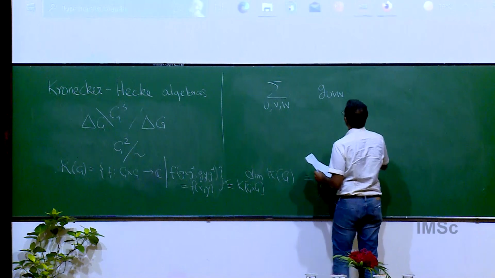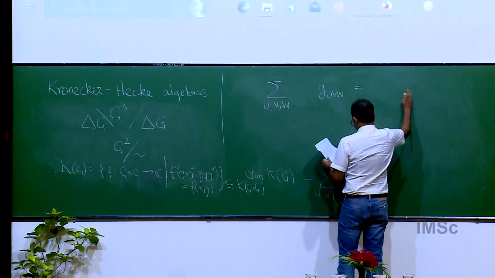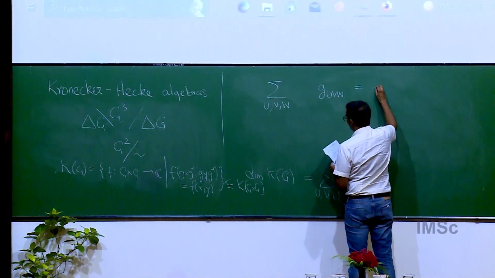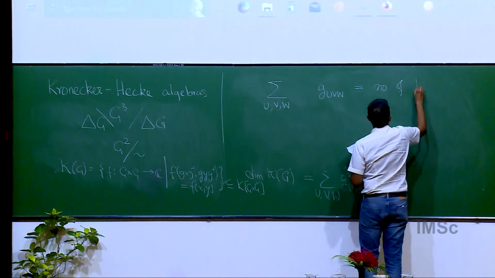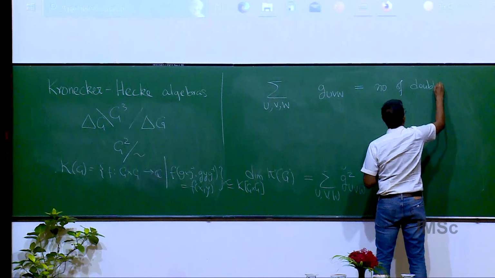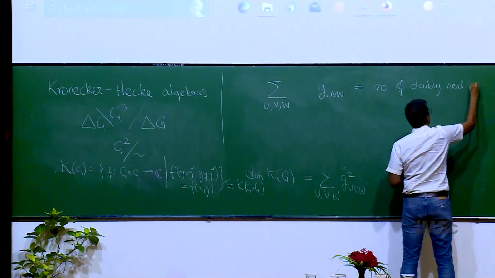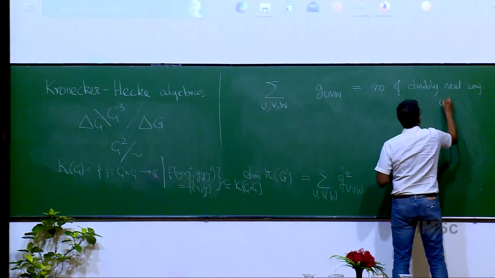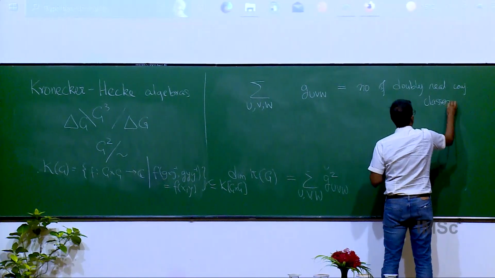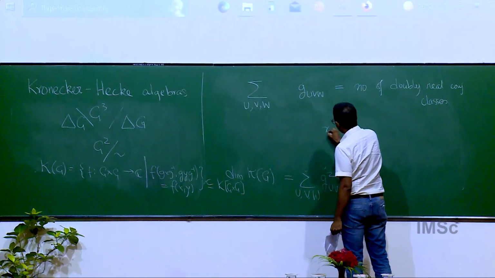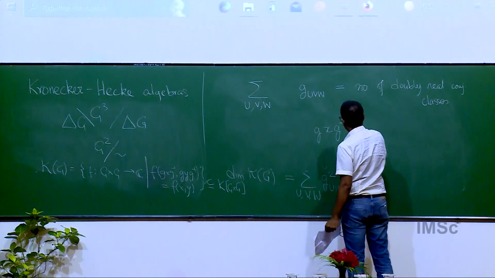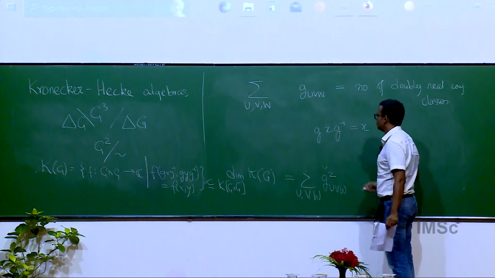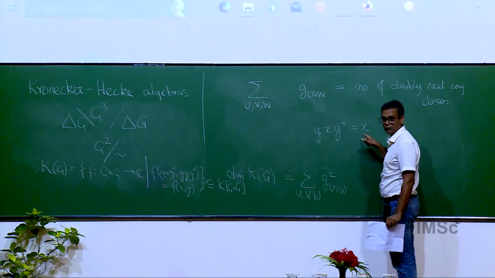And the answer is what I call the number of doubly real conjugacy classes. So an element is said to be real if it is conjugate to its inverse, if there exists g in G such that gxg^-1 is equal to x^-1.